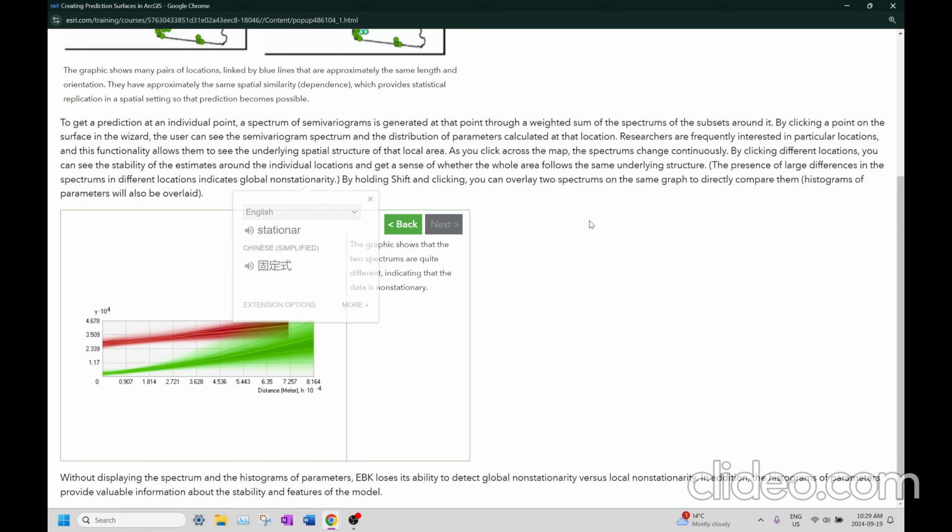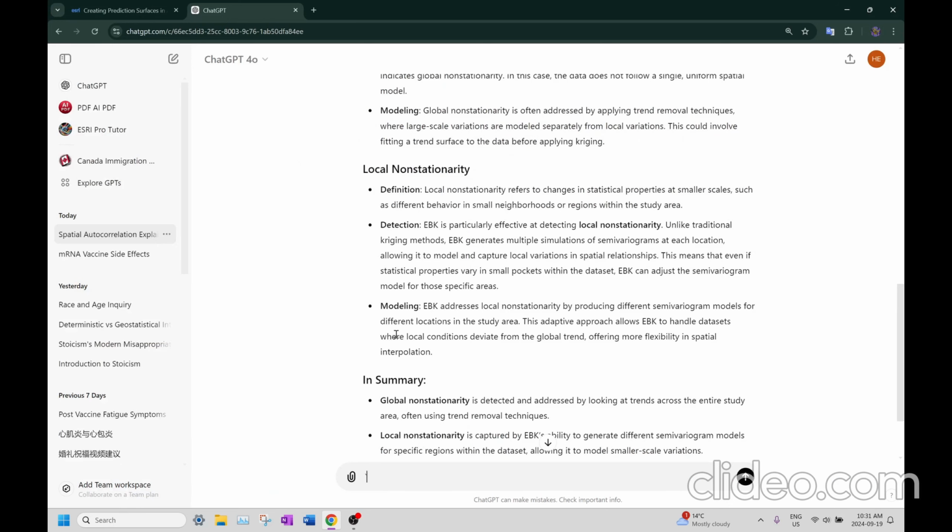So EBK has the ability to detect global non-stationarity versus local non-stationarity. The chart I just showed you refers to EBK's ability to detect local non-stationarity, because you can generate multiple simulations of the semi-variogram at each location. Like I said, you can click on the points, allowing the model to capture local variations in spatial relationships.